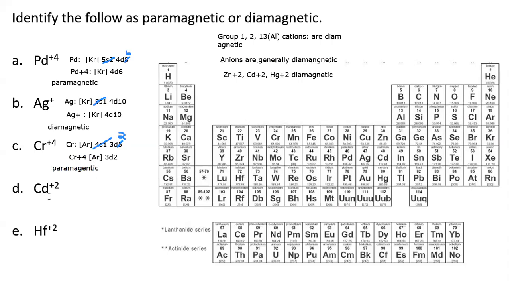Next we have cadmium 2 plus. Well, cadmium 2 plus is one of the trends that I said is diamagnetic, so we can just put this as diamagnetic because it's just going to have a completely filled d orbital. And lastly, we have hafnium 2 plus. So let's write the electron configuration of hafnium.